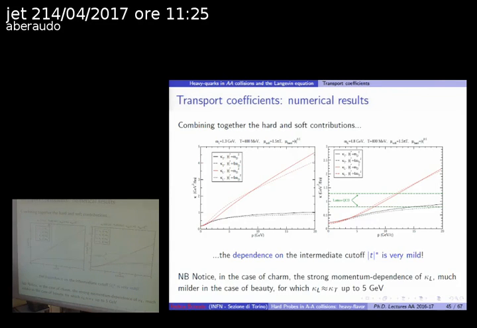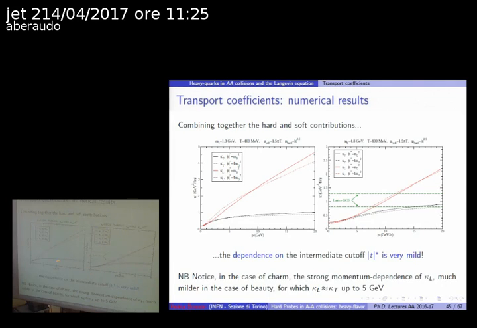At the end, these are the results. On the left for charm, on the right for bottom, as a function of the quark momentum. I plotted the results up to very large momenta, even for momenta for which it is no longer so well justified to employ this picture in terms of uncorrelated 2-to-2 collisions.